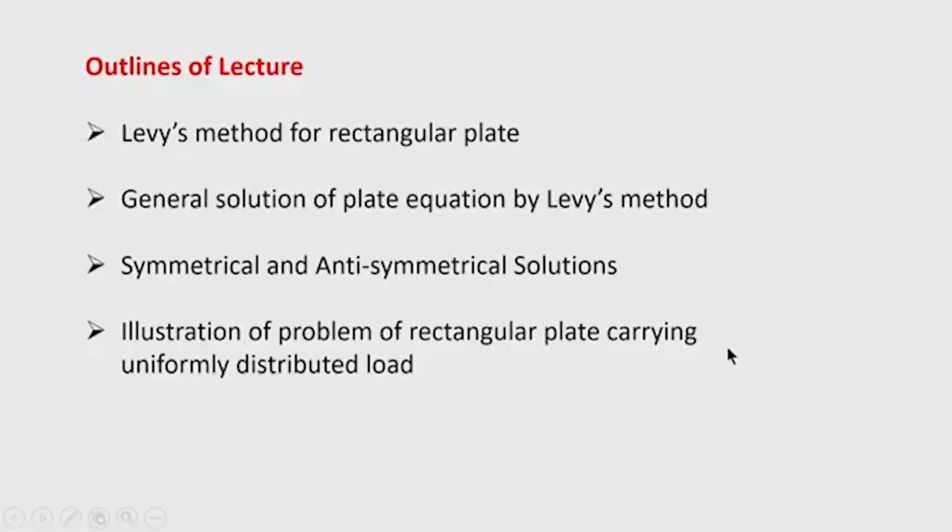Okay. So, our intention is to discuss Levy's method for rectangular plate, formulate the general solution, and then the symmetrical and antisymmetrical conditions, how they arise and what simplifications are possible in these two special conditions, and for the general condition what we will do. So, that will be discussed.